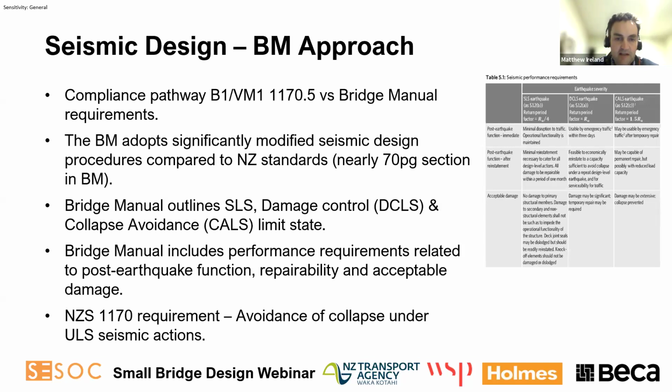Probably a bit hard to read there. Again, there's a collapse avoidance limit state in the bridge manual as well, which is roughly equivalent to an MCE case from 1170 with the additional performance criteria. So next slide, please, Jamil.